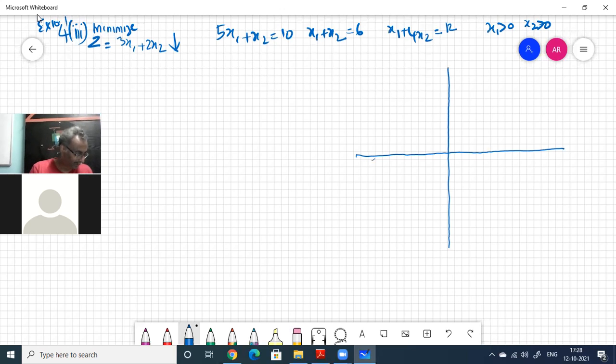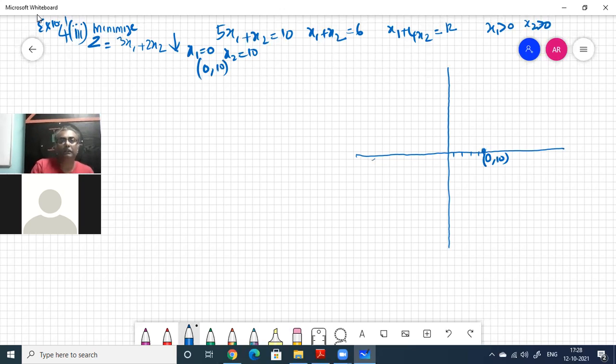Minimize z subject to constraints. Here 5x1 plus x2 equal to 10. Now take x1 equal to 0. 5x1 will become 0, so x2 is equal to 10. So the first point is (0, 10).